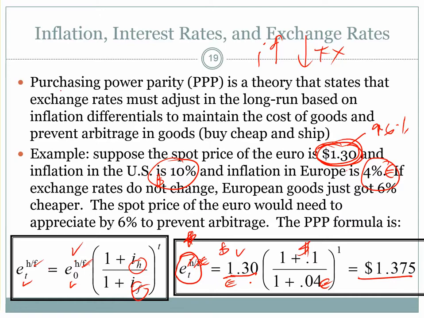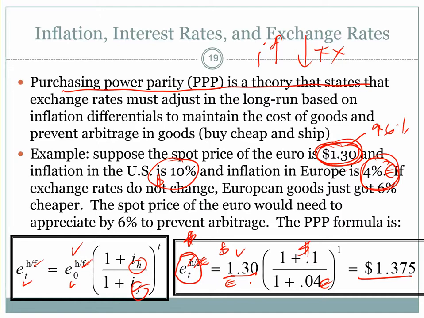Now the theory behind PPP is the exchange rate would have to change to ensure there's no arbitrage in goods prices. So in other words, if European goods are falling relative to US goods by 6%, it looks like all European goods are getting cheaper.